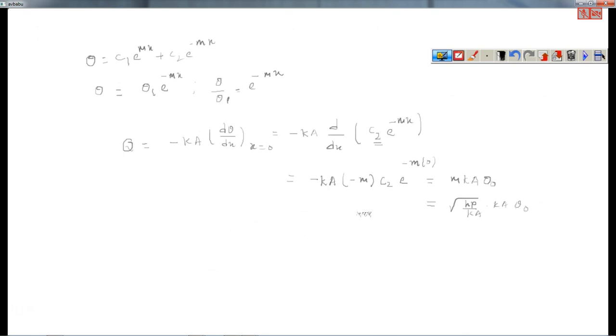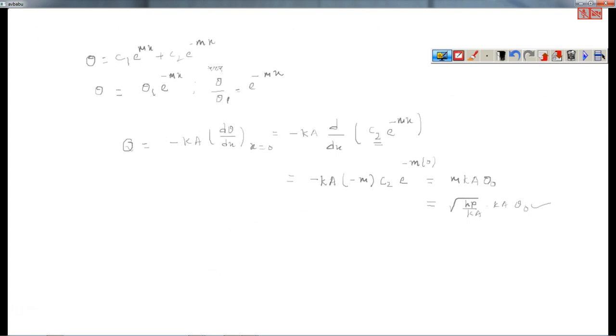So this is the equation you can remember for the case of a very long fin, that is, x tends to infinity and theta L is equal to 0. In this case, these are the equations you need to remember.